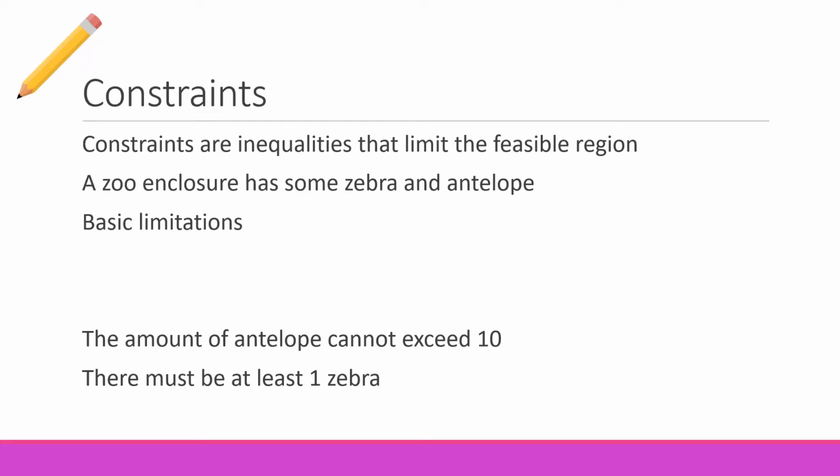The first basic limitation that I would put on this example: first, we're going to say Z equals zebra and A equals antelope.